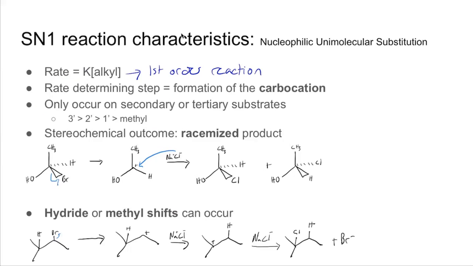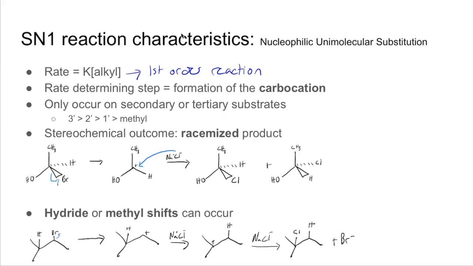And it's important to note that SN1 reactions only occur on secondary or tertiary substrates. This is because, if you remember, we're creating that carbocation intermediate, and we want to create an intermediate that's stable. So we're going to want to only have that on secondary or tertiary carbons, or carbocations rather.